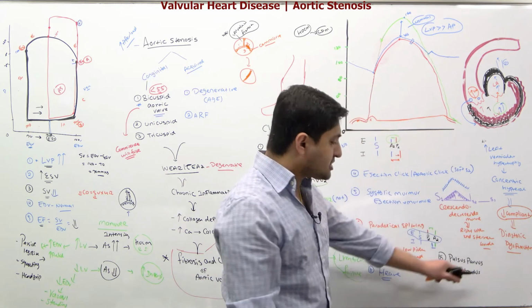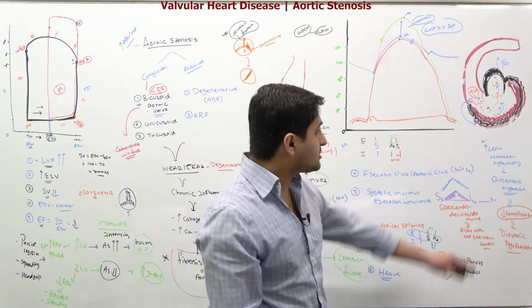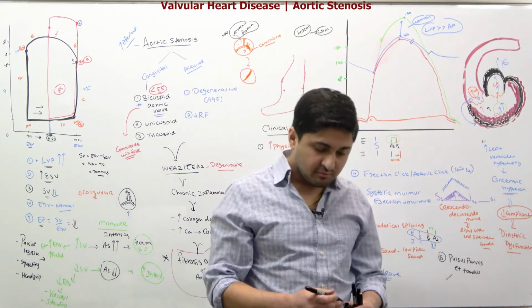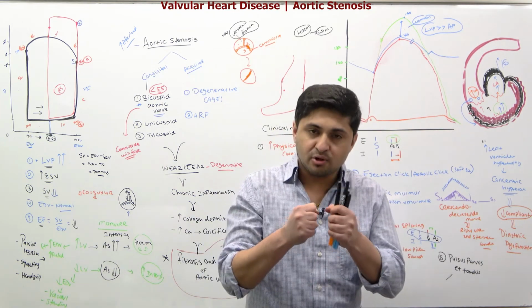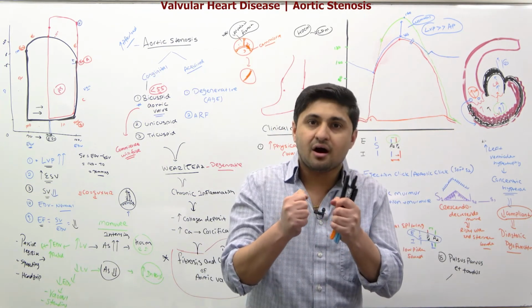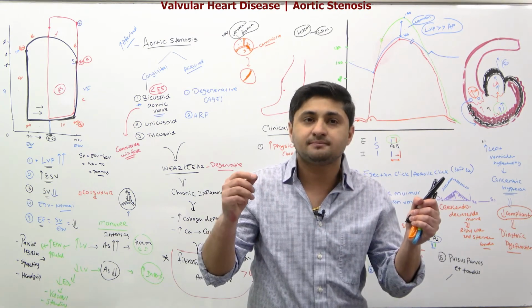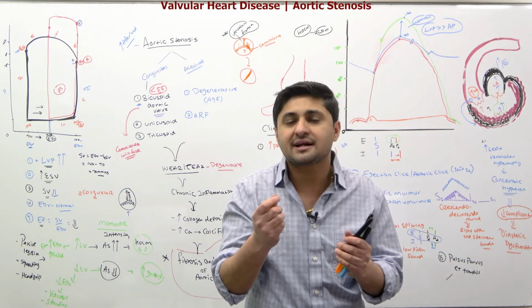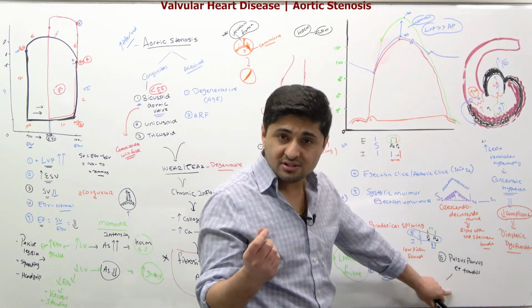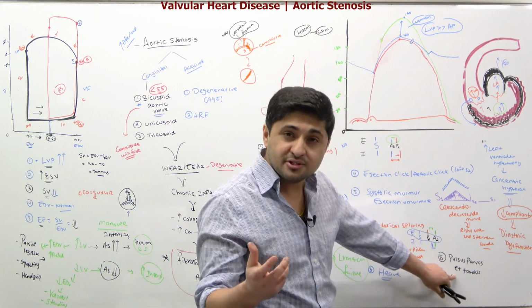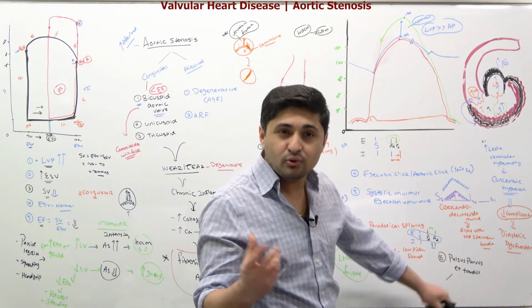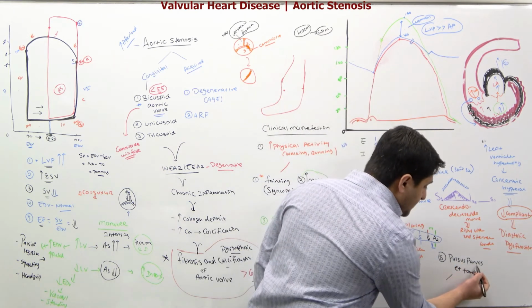Pulsus parvus means a weak pulse, because remember, there's a decrease in cardiac output, right? Usually a pulse is generated when the arteries get pushed out, and that produces what you hear as a heartbeat. But if the cardiac output is decreased, there's going to be a weak pulse, right? So pulsus parvus means weak.